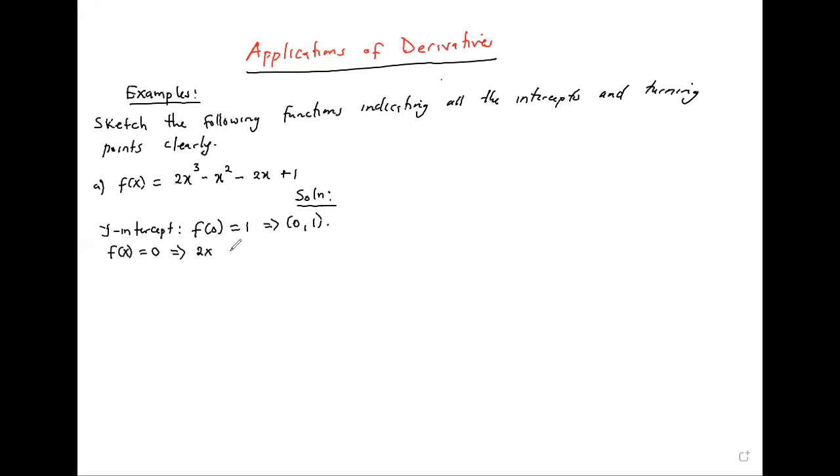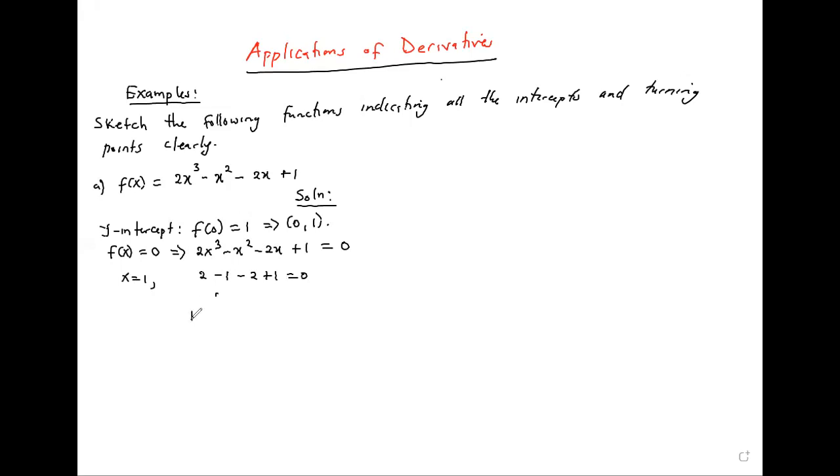So we have 2x cubed minus x squared minus 2x plus 1 is equal to 0. When x is equal to 1, we're now looking for the zeros, the same way we used to solve polynomials. So we'll have 2 minus 1 minus 2 plus 1, which is 0. So you can use synthetic division to reduce this function.